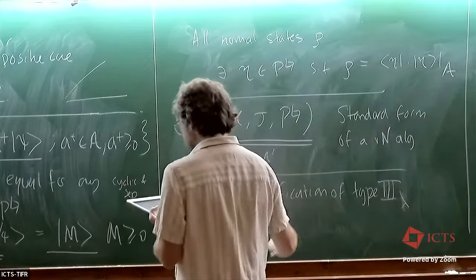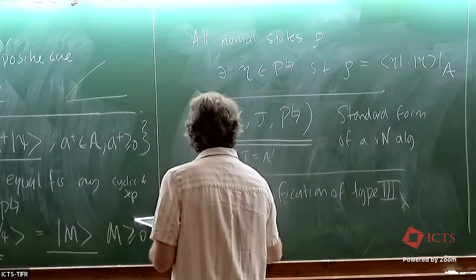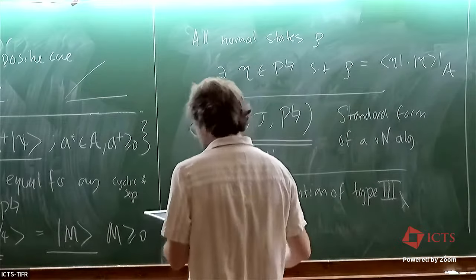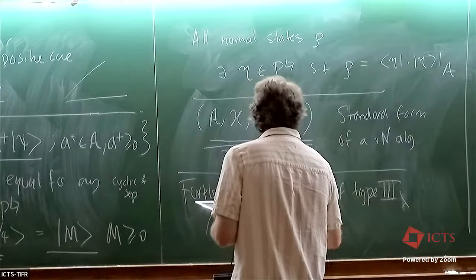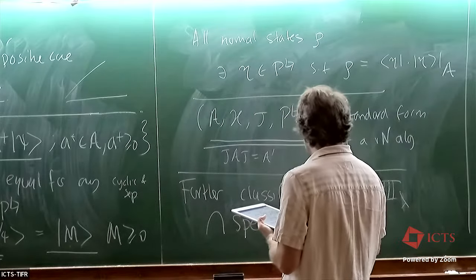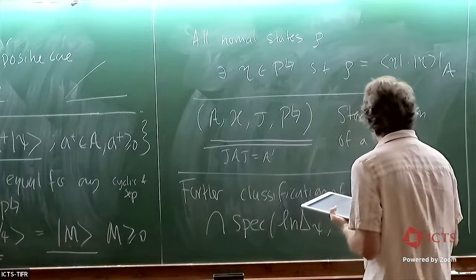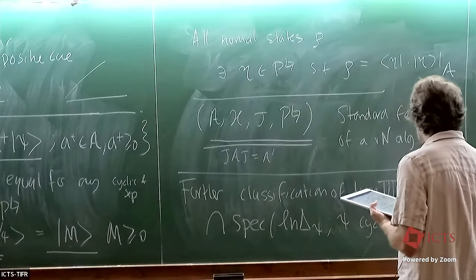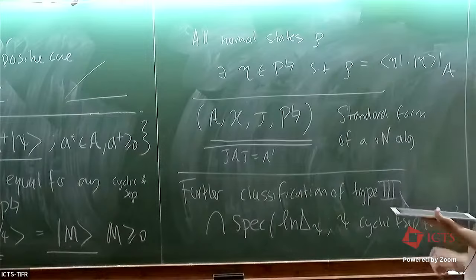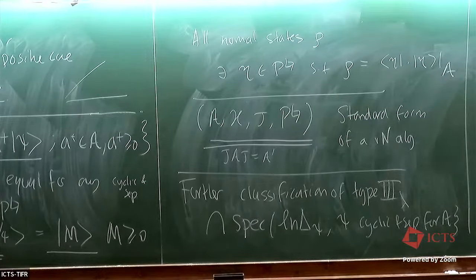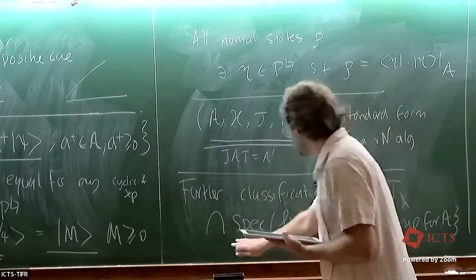One way to define it is to take the intersection over the spectrum of the log of delta for all psi's cyclic and separating for A. Here I need to be in this standard form, but that's okay. So this is the spectrum of this operator.